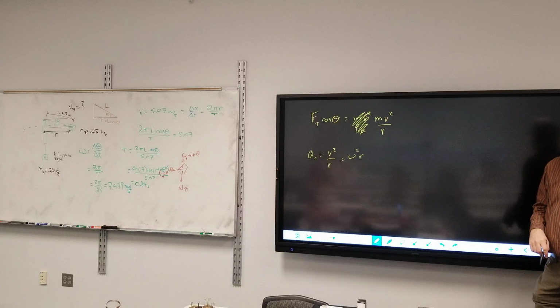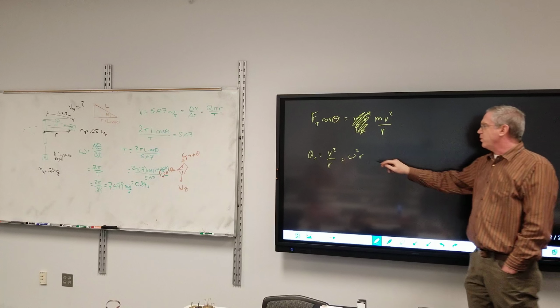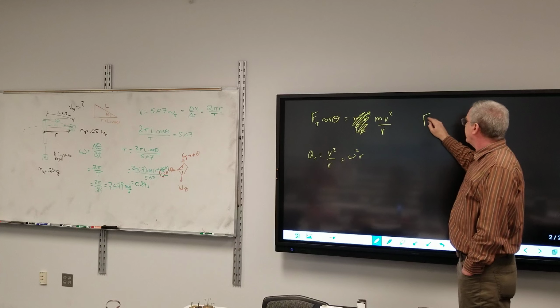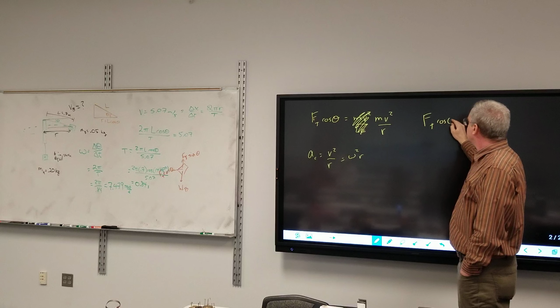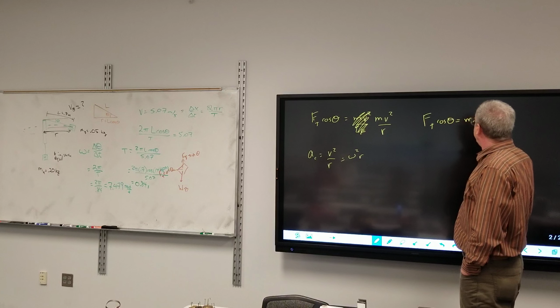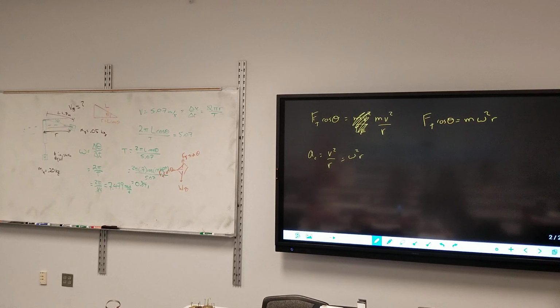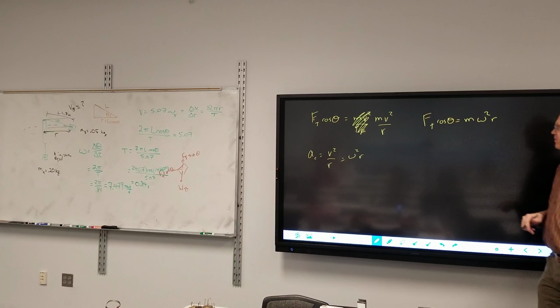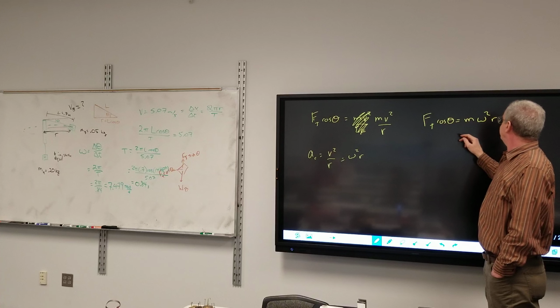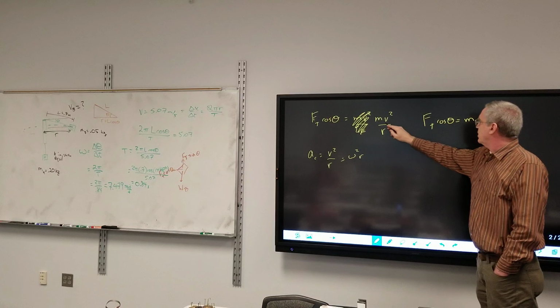There is an alternate form. So if I went with omega squared r, I get Ft cosine theta is equal to m omega squared r.